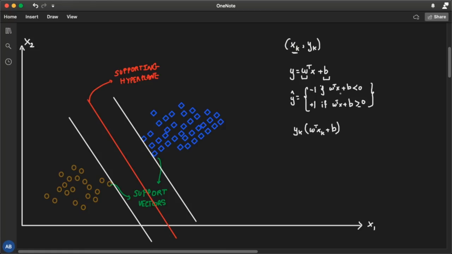Since this guy is negative and so is this guy, then this guy multiplied by this guy is positive. This is for the first case. But this is also true for the second case because yk is positive and so is w transpose x plus b. So this guy is a constraint, right? And actually it is the only constraint if we were to solve a hard margin linear SVM problem, okay?